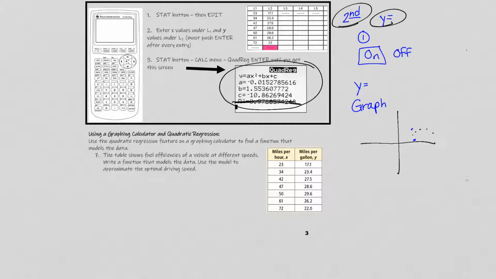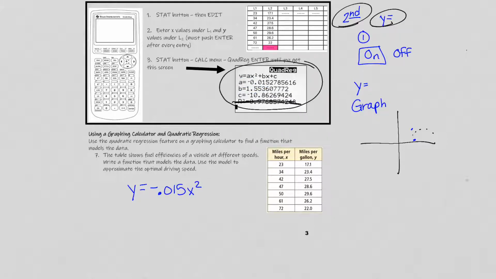So if we want to write our equation now, in number 7, it says, use the quadratic feature to find a function that models the data. So that is y equals, and it's a, and our calculator should tell us a is that. So negative 0.015 times x squared plus b, and b is right there, all right?